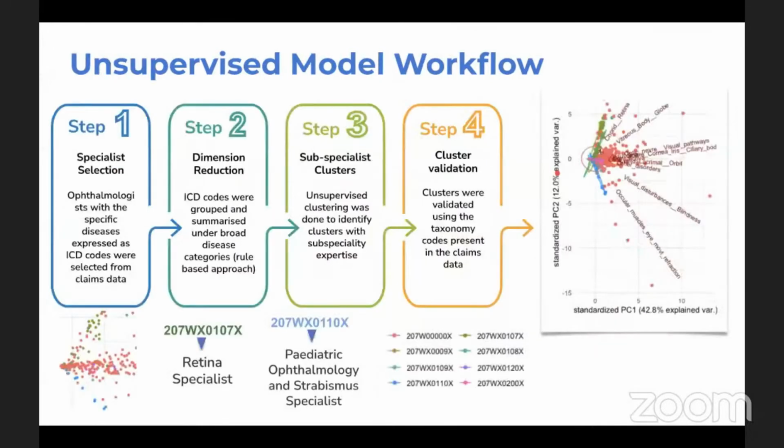For the unsupervised model workflow, I present one use case. Suppose we had data of ophthalmologists and the particular diseases they have been treating. All the diseases have standard ICD codes.